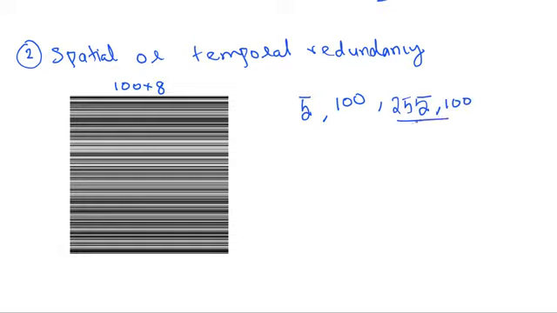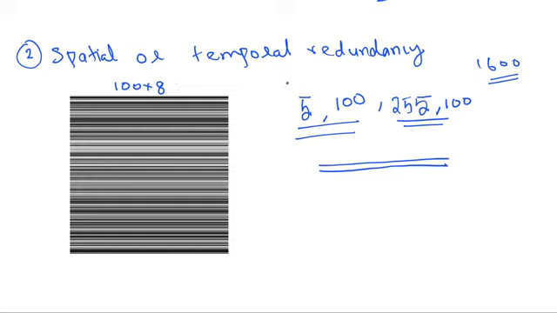Then only from this data I can recover the entire line. So 5 comma 100 means I have a black line of 100 pixels. 255 comma 100 means I have a white line of 100 pixels. So rather than having 100 into 8 plus 100 into 8, that is around 1600 bits to store two lines.